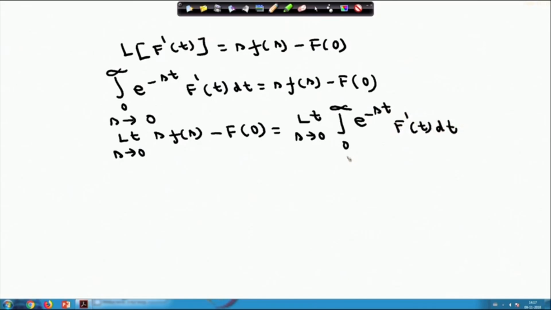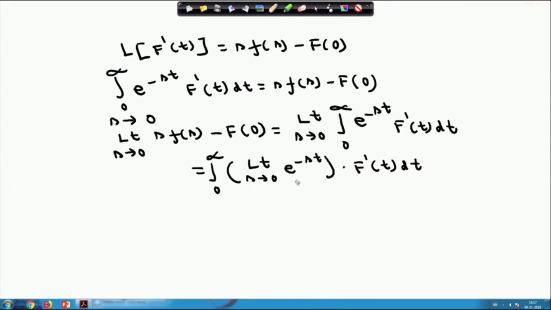Now, I can interchange the limit and the integration, so the limit can go inside the integral. You can write this as the integral from 0 to infinity of the limit as s approaches 0 of e to the power minus s t into f dash t dt, and this value is now 1. So this equals the integral from 0 to infinity of f dash t dt, which becomes f(t) from 0 to infinity.